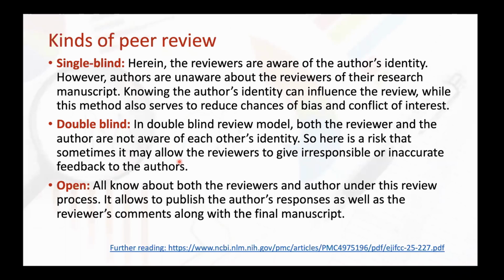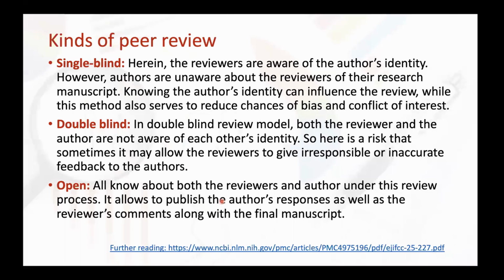So remember, there is a double blind and single blind review process, and most of the journals follow a double blind review. That means the author will not know who is the reviewer, and the reviewer will not know who is the author. So it ensures transparency and also avoids all kinds of bias. Now, open review is followed by some good journals also.